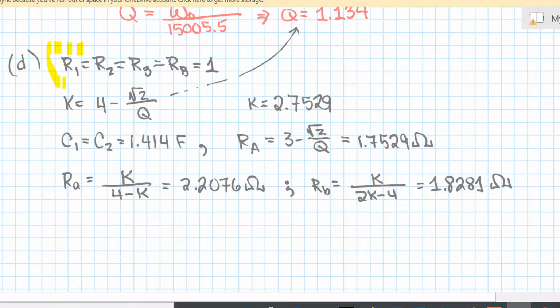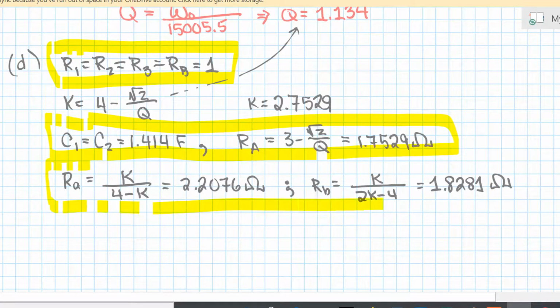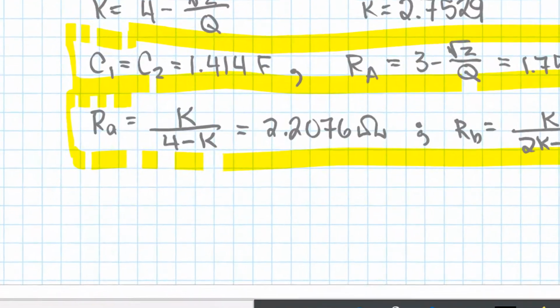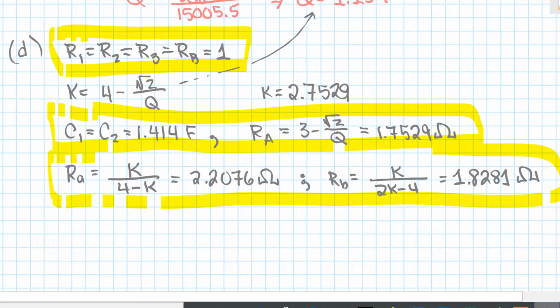Okay, so this should be what we need for part D. So I'll just go check my answers. So yeah, R2, R3, they don't even list R1. R2, R3, they're 1, RB is 1, and then there's the RA, 1.7529. Yep.